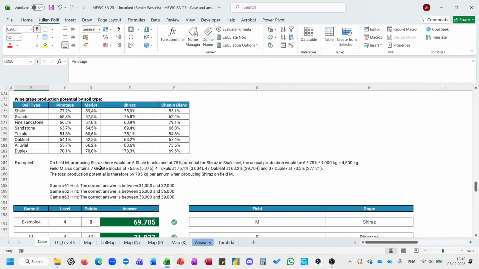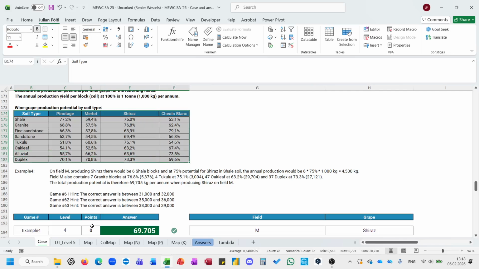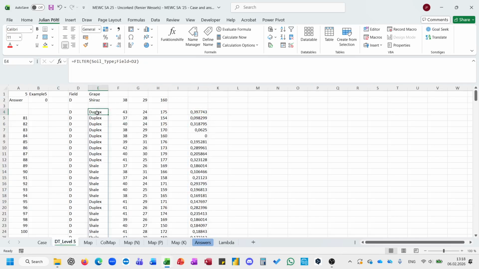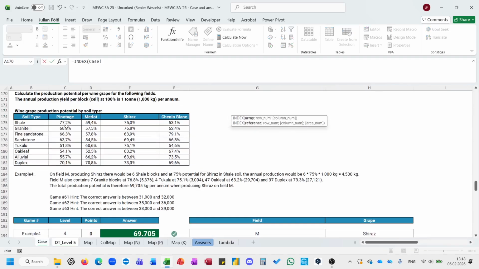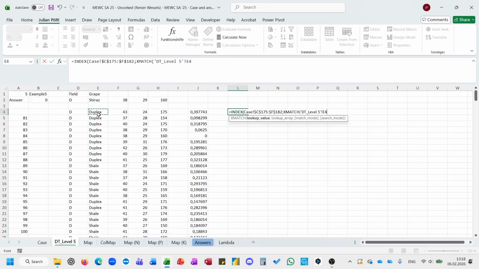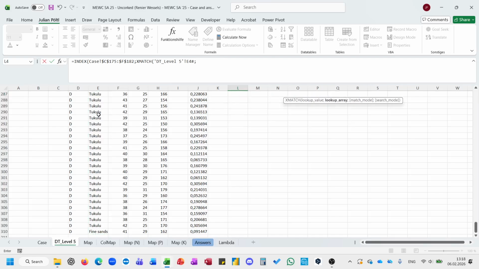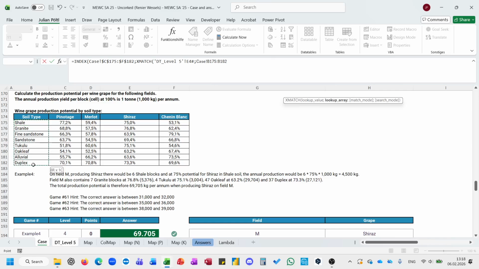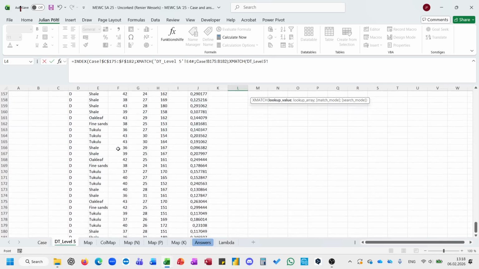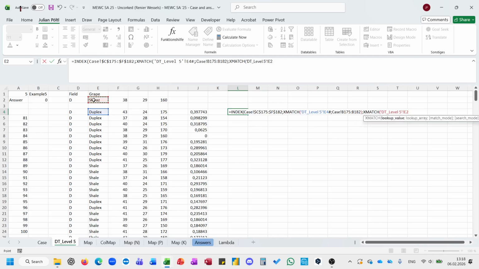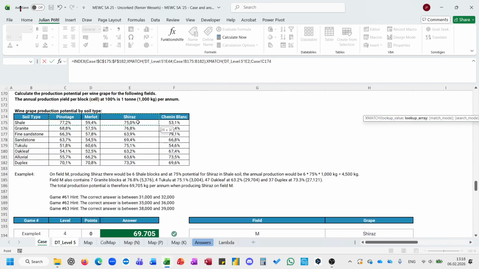And then we want to have the potential for soil type and this here, so equals INDEX for XMATCH this here in here and XMATCH the grape in here.